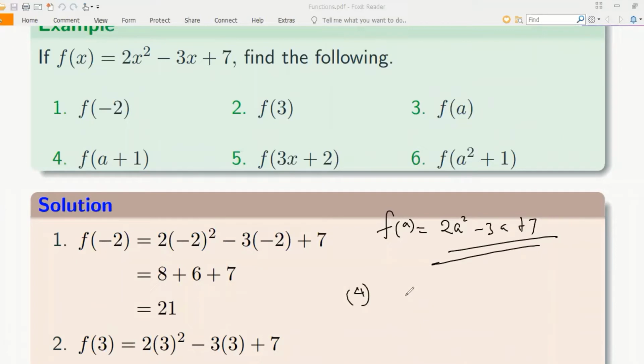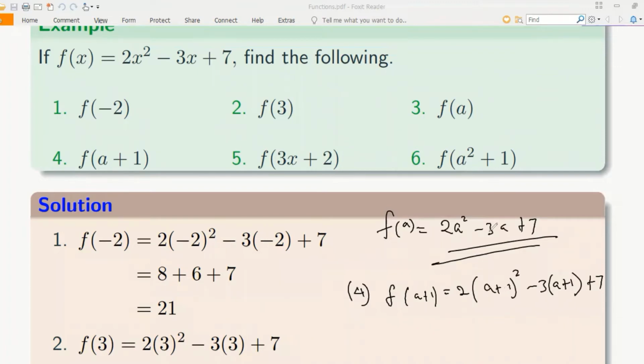So that will be f of a plus 1. Where there is x, put a plus 1: 2 times a plus 1 squared, minus 3 times a plus 1, then plus 7. This one has no x. We know how to expand it.